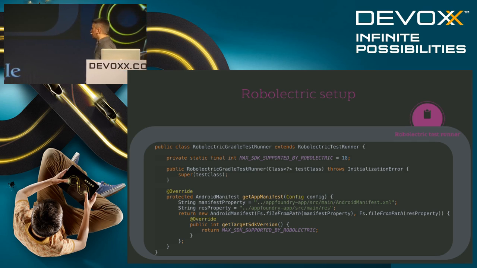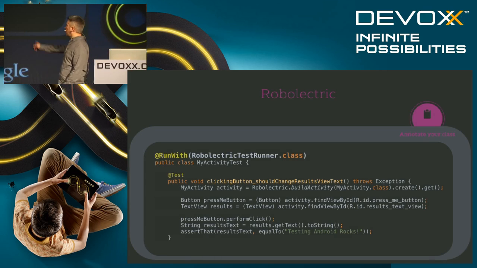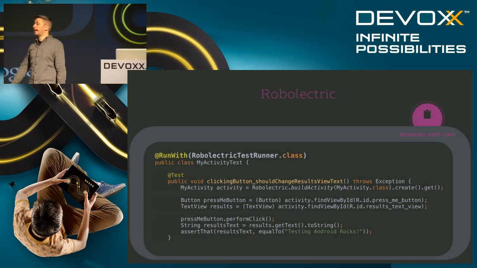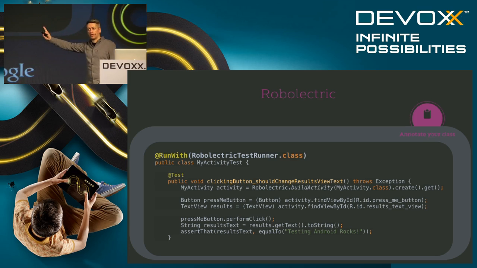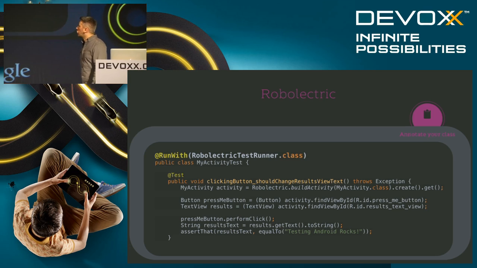So that's really something to take into consideration. And that's what I configure in the test runner. And then at this point, for the test we just took a look at, you see that I can now annotate it with the @RunWith annotation. So I say, run this test with my custom Roboelectric test runner, for instance.